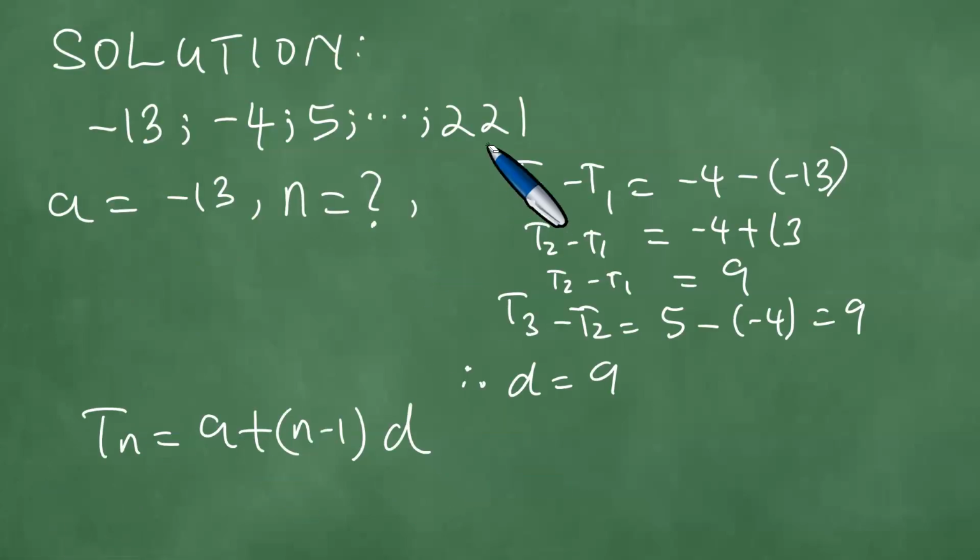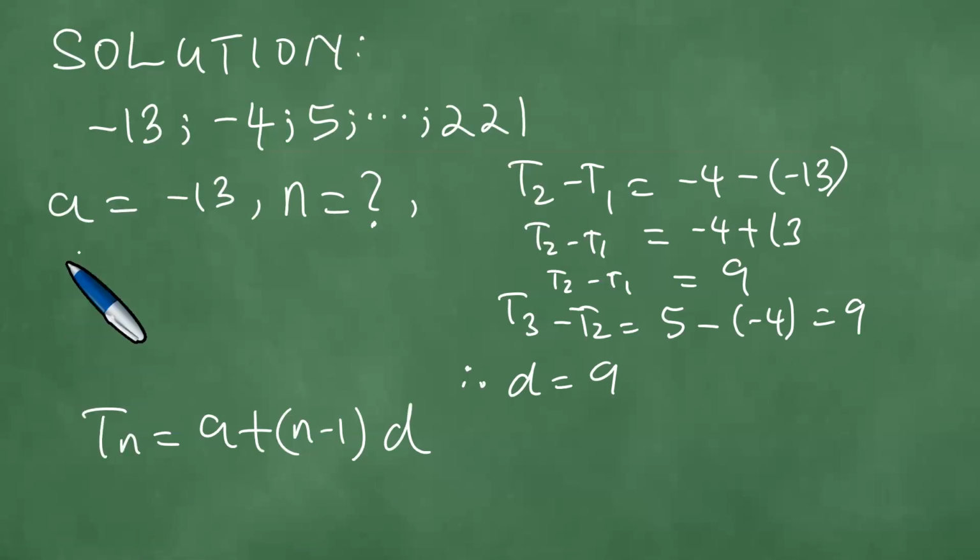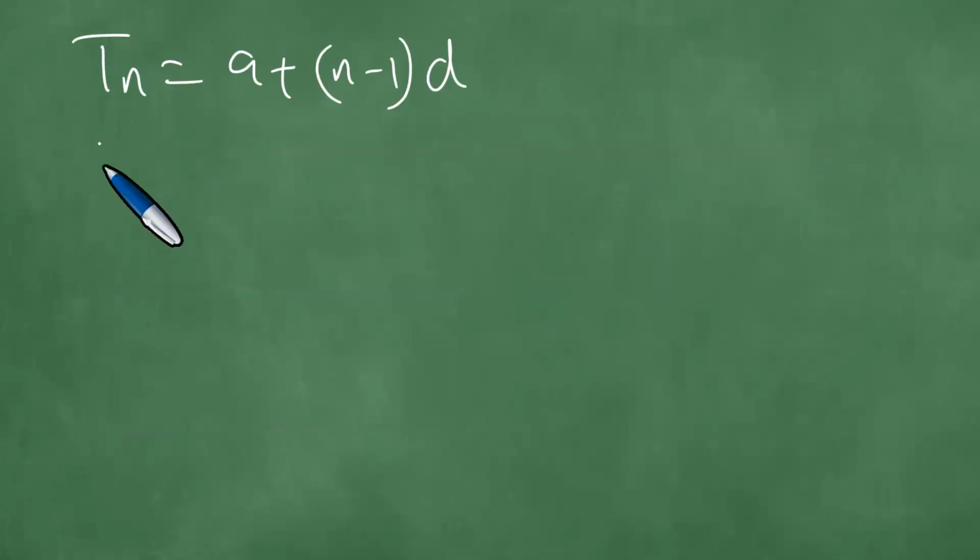Because you know the last term up here, ideally you can write down here as part of your given information that the last term Tn is 221. And with that said, then you are in business. Which means you can come here and say the last term is 221.